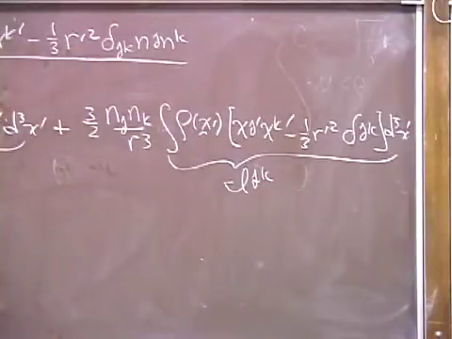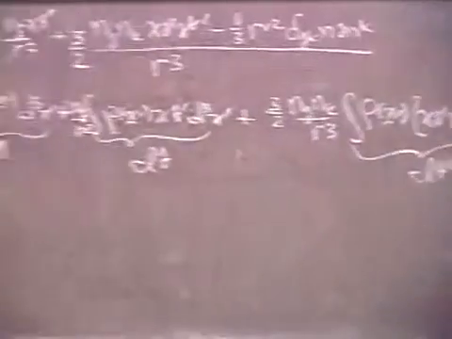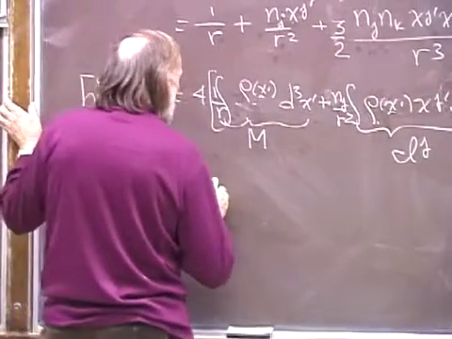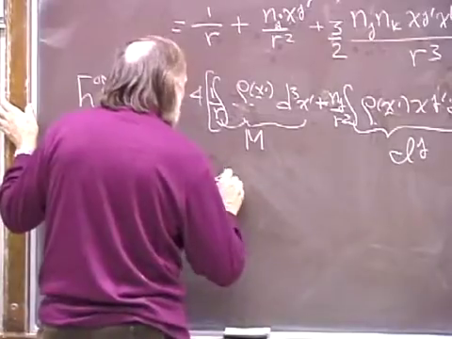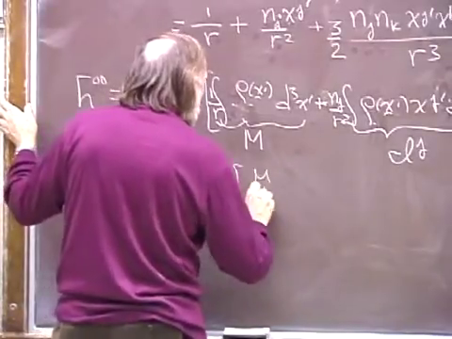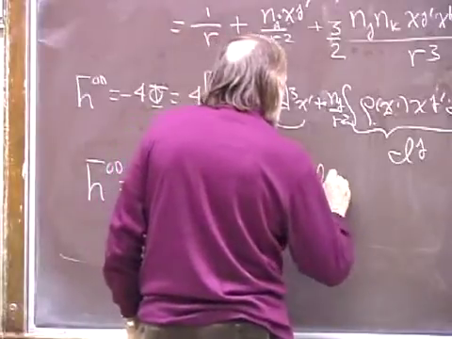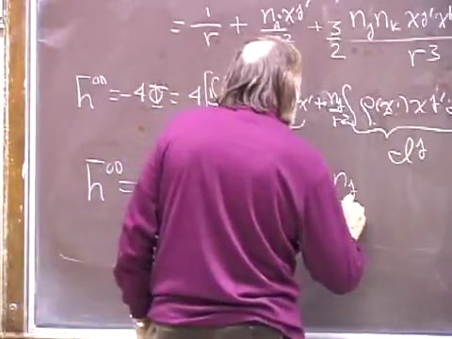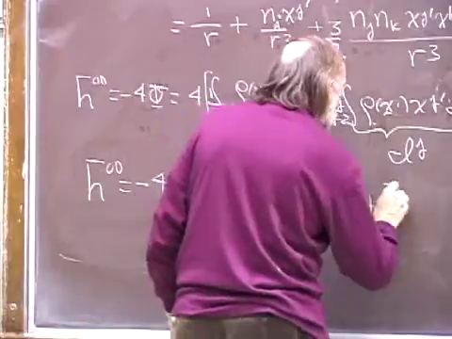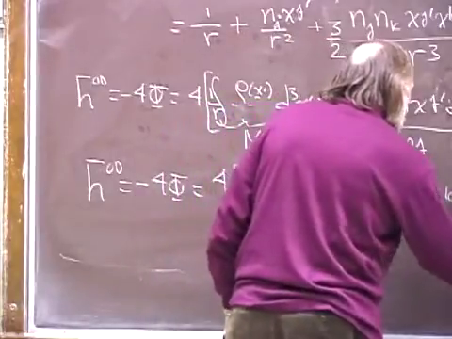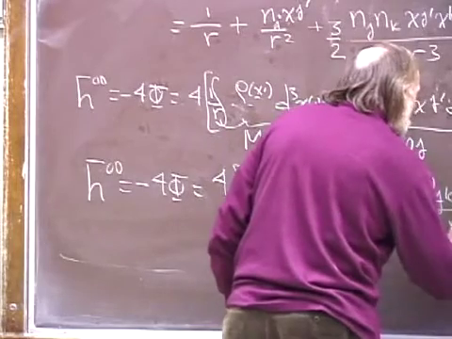And so the final answer is that h bar 0, 0 is equal to minus 4 phi, is 4 times m over r plus ij nj over r squared plus 3/2 ijk nj nk over r cubed.